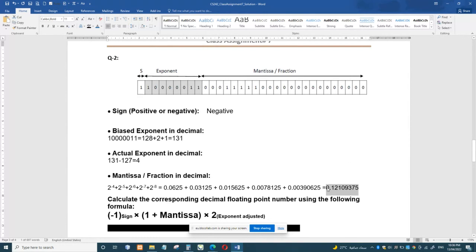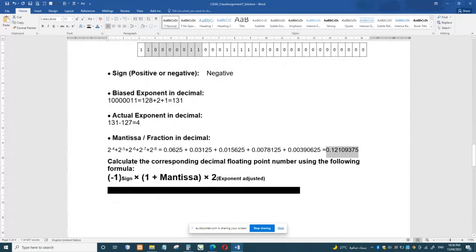But with this value, there is one dot, is not it? So there is one dot. So in order to calculate our value, we have to take minus 1 to the power 1, which is a negative value.